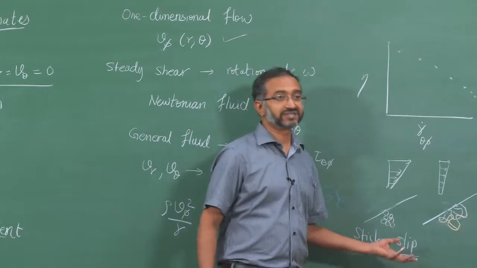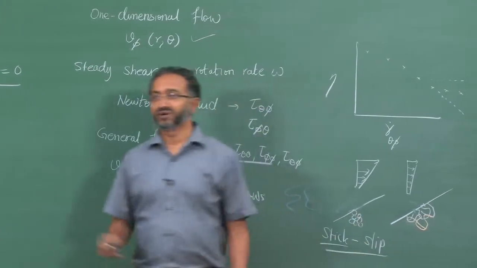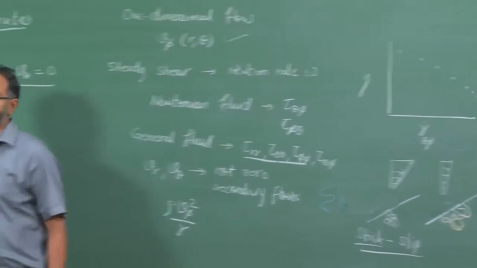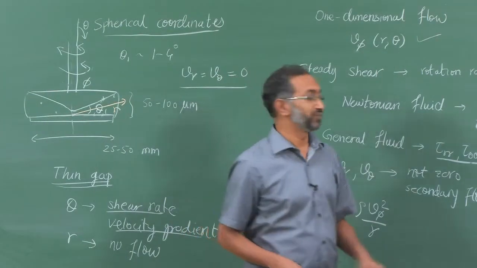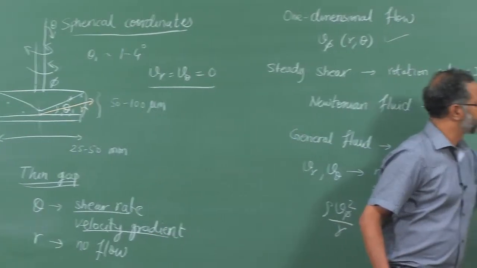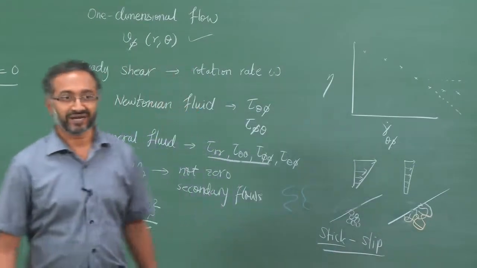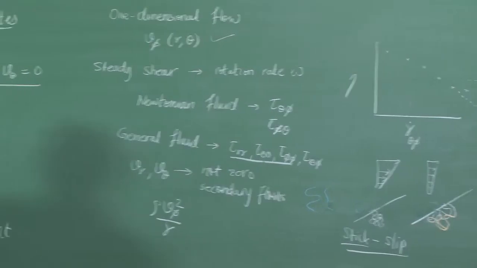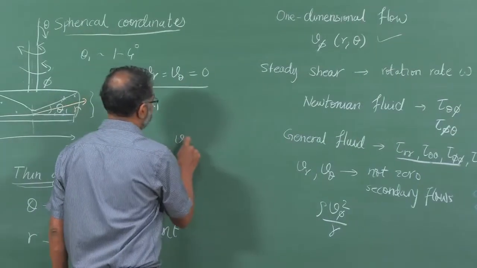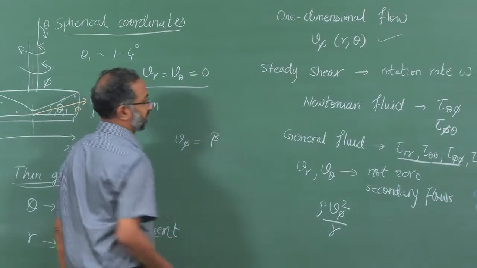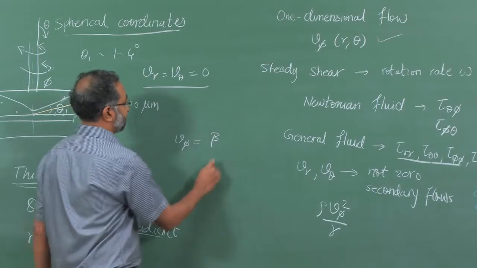So that you can do your analysis again, because sometimes, if the material system is such that there is always some slip, then you need to go back to the governing equations and say my boundary condition is not that there is no slip, I will say some partial slip. For example, at the bottom plate V phi is equal to beta, which is non-zero, and this is the slip velocity.